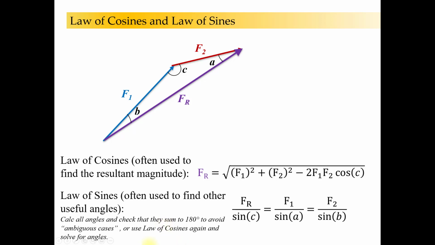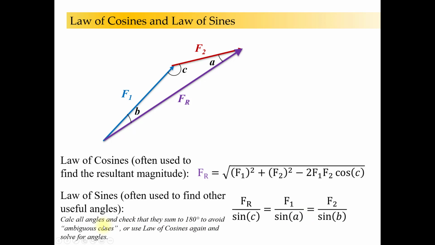It takes a little bit longer. The other way you can check it is, if you are solving for A, you could use maybe these two expressions, find that angle, then run this one as well, find B, and then add the angles A, B, and C together. They need to equal 180 degrees, right, if they're a triangle. So if they're less than 180 degrees, one of these angles is not right, and it's probably because of this ambiguous case.